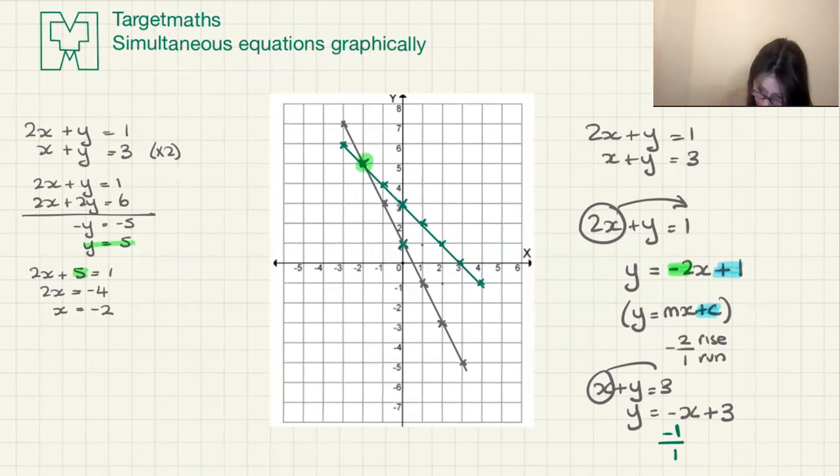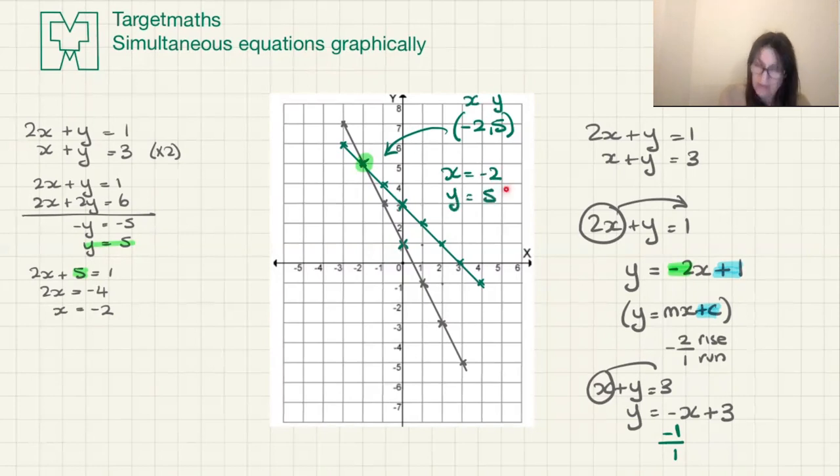The coordinate of where they cross is -2, 5. Now remember, coordinates are along the corridor, up the stairs. So this is my X value and this is my Y value. So X is equal to -2 and Y is equal to 5.